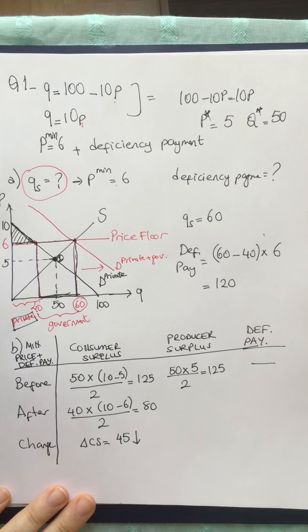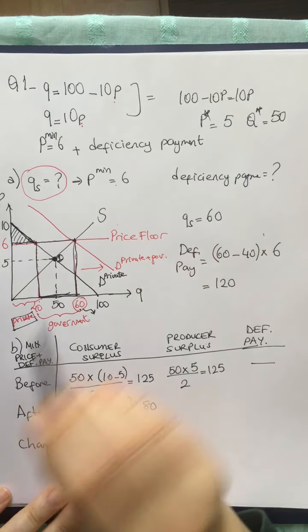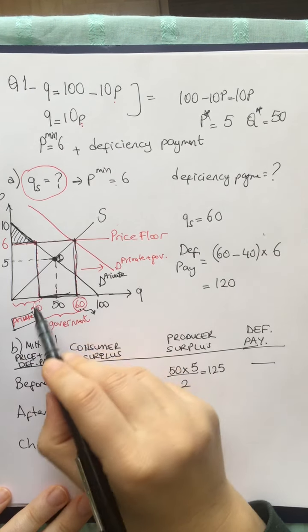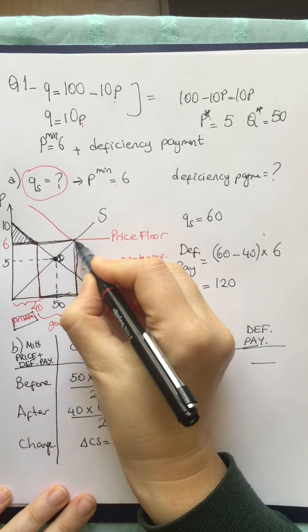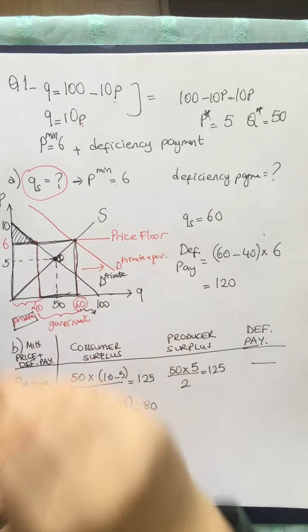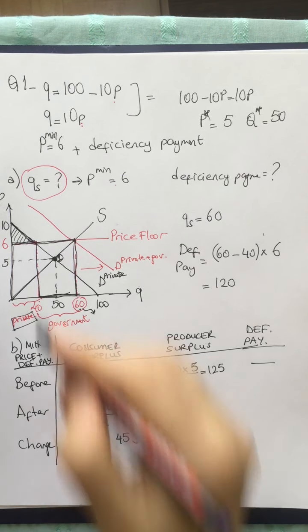Let's come to producer surplus. The producers will sell 60 units of this good, 40 units to the private people, 20 units to the government. It's not important. So that area, that big triangle area, let's show it with blue ink.